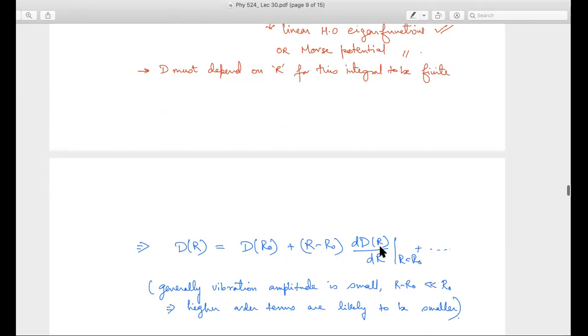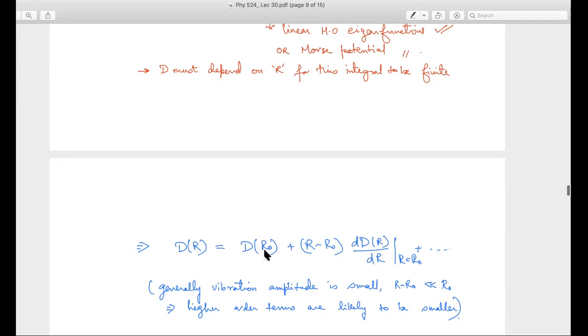The reason for doing this expansion is that, as compared to the internuclear distance, the vibration distance r minus r naught is going to be a small quantity. If r minus r naught is small, then the quadratic term is going to be an even smaller quantity, and so on. So we can do the best approximation, just keep the lowest order term.